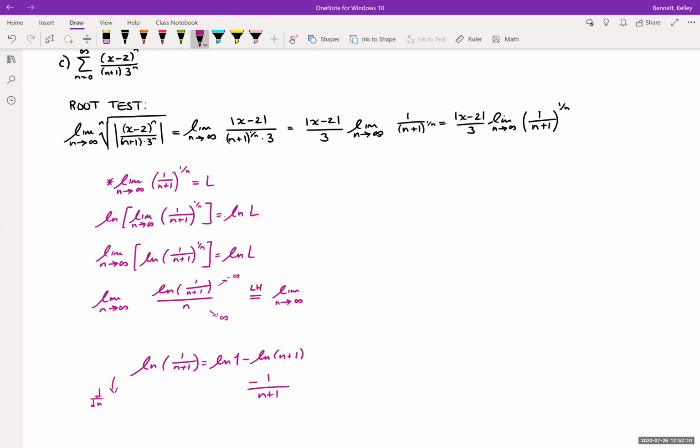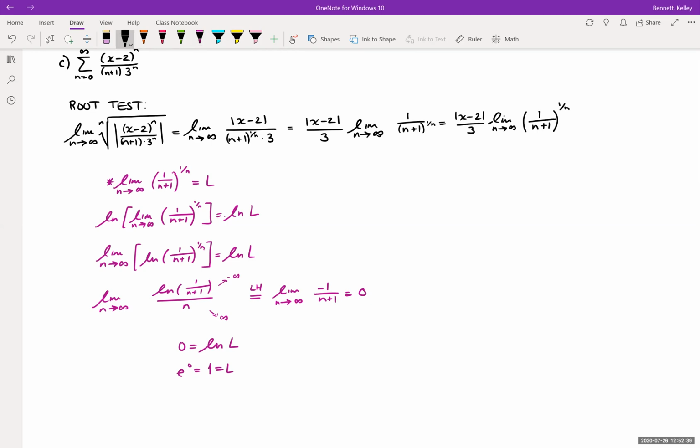The derivative of the bottom is just 1. So I end up getting -1 over n plus 1, and this goes to 0. So we have that 0 equals ln of L, so e to the 0, which is 1, equals L.